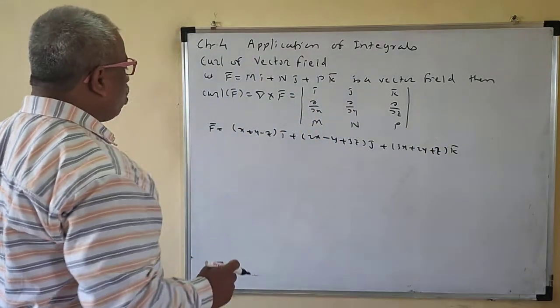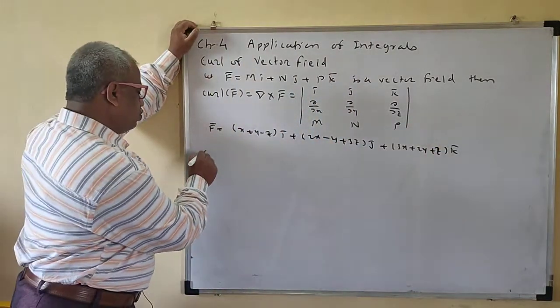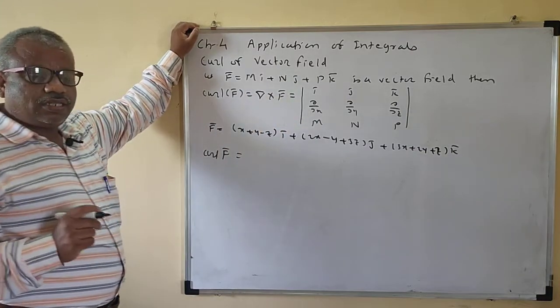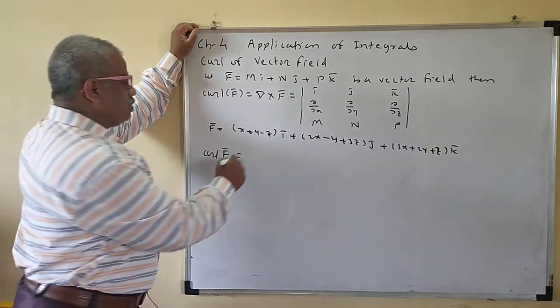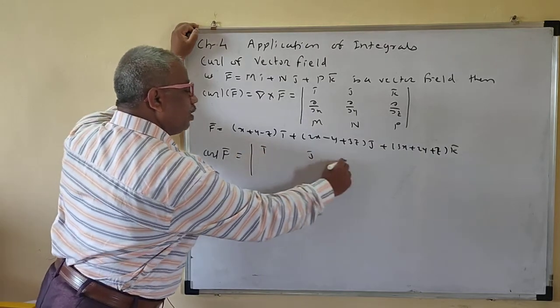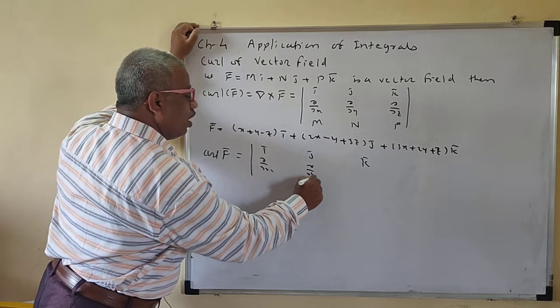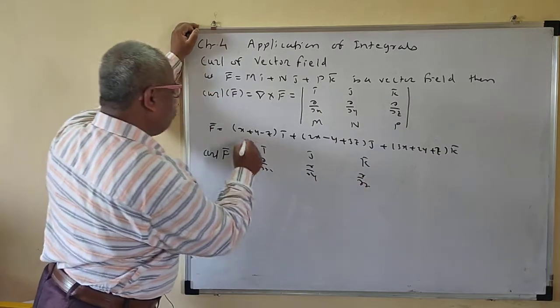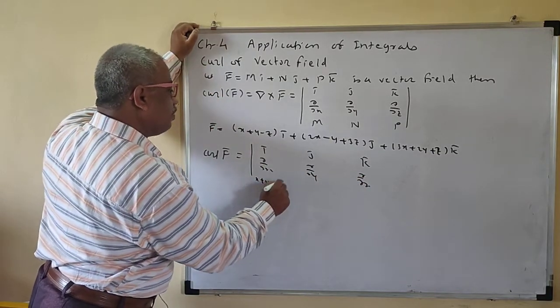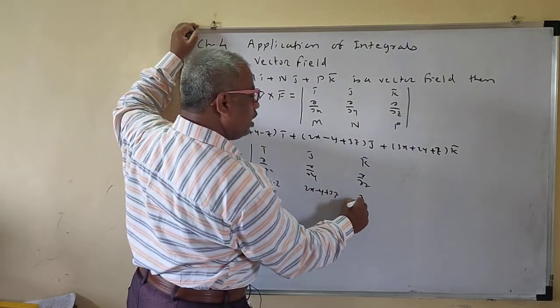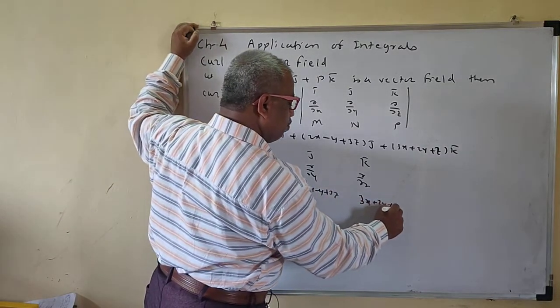If you want to find the curl of A bar, by definition we have to write this: i bar, j bar, k bar; dou by dou x, dou by dou y, dou by dou z. So the first row is x plus y minus z, 2x minus y plus 3z, 3x plus 2y plus z.